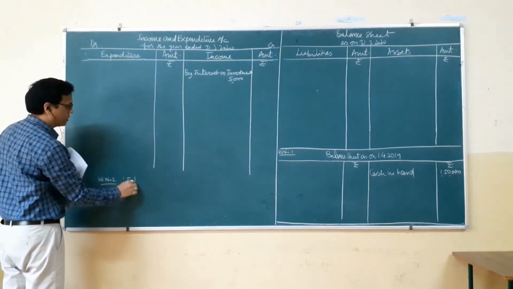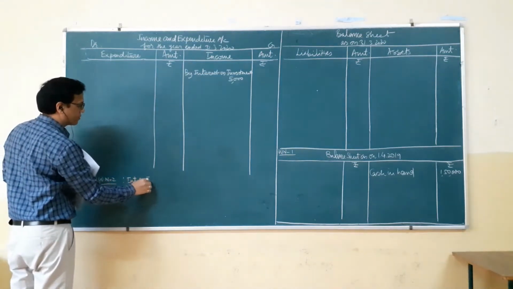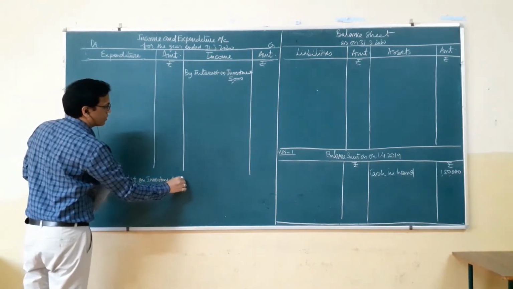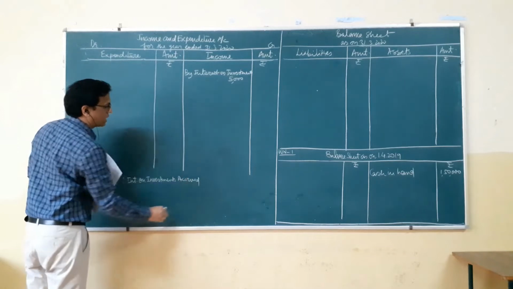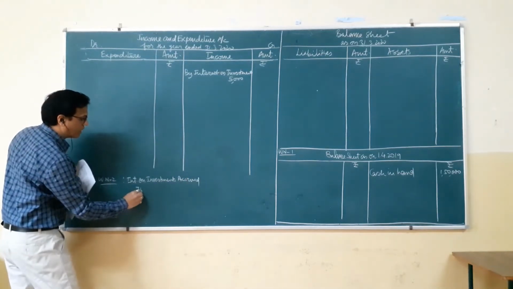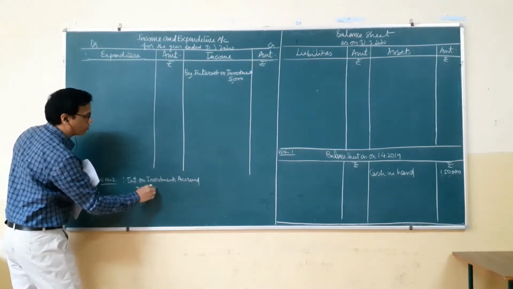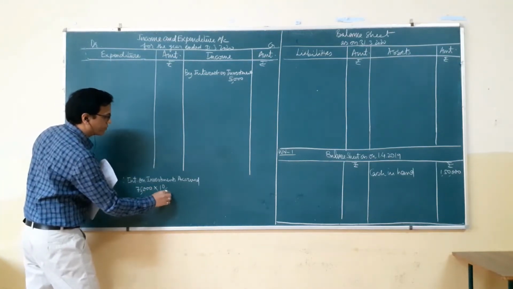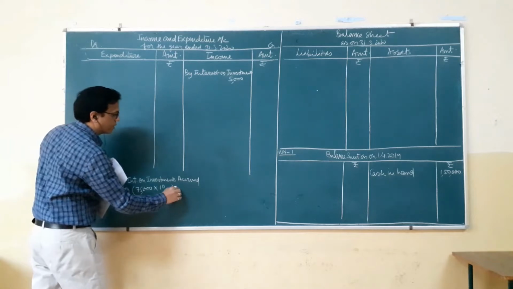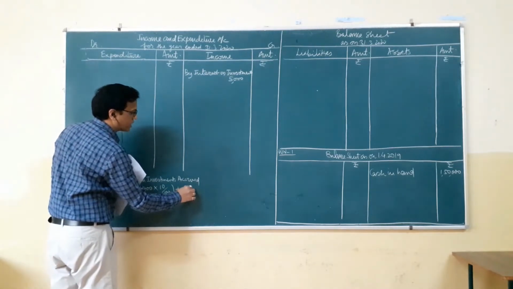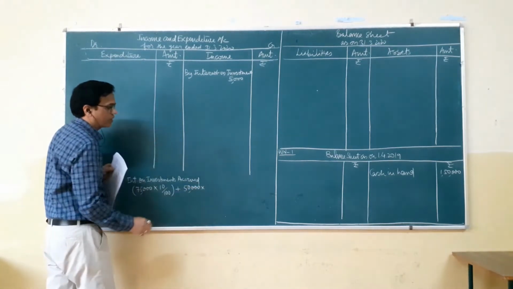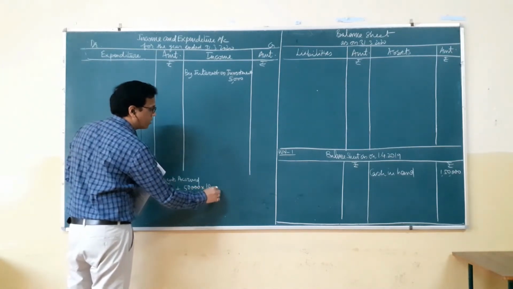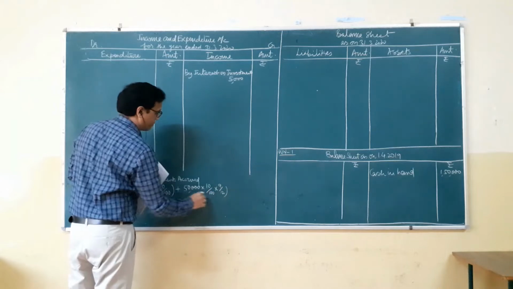Interest on investment accrued. How much is accrued, that we will calculate. So 75,000 is our investment amount, which is the opening balance. So 10% of that, plus new investment purchased 50,000, which we have read in the question, 10% into 9 by 12.